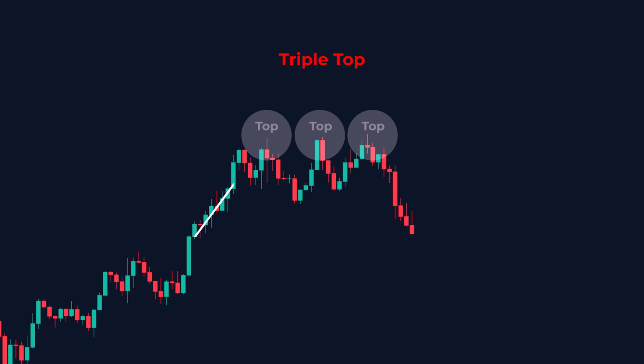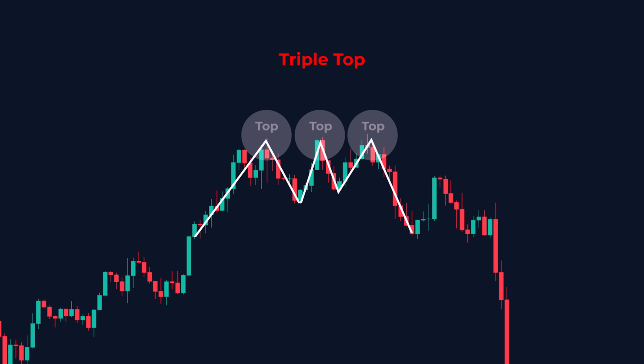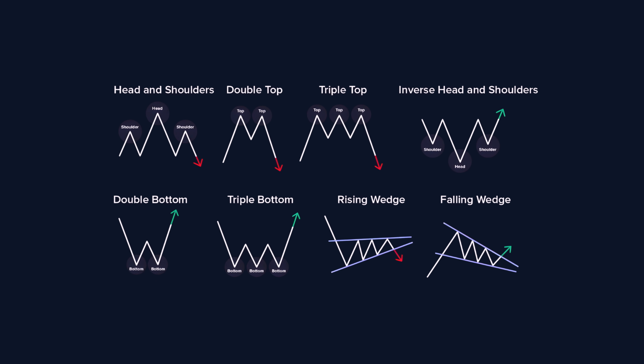These patterns often appear after a strong trend starts losing momentum. The most common reversal patterns are double tops and bottoms, triple tops and bottoms, head and shoulders, and wedges. Each pattern reflects a shift in the balance between buyers and sellers. These patterns signal that momentum is weakening and a new trend may be starting.